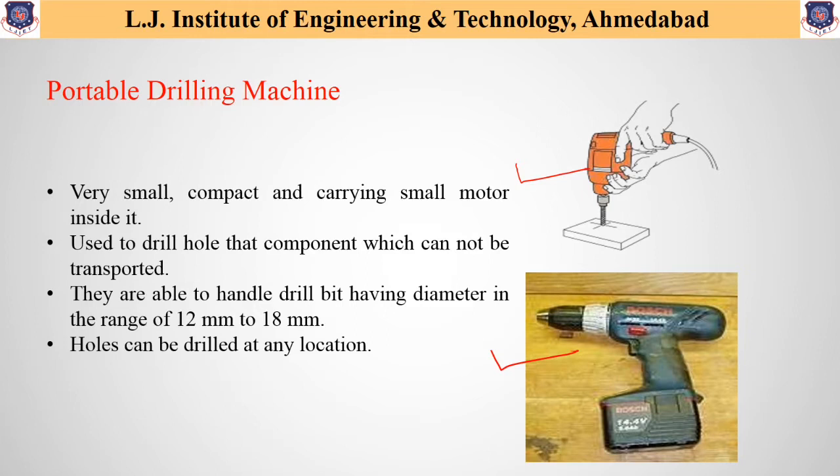In most cases, the motor uses either AC or DC supply. So this portable drilling machine is simply a drilling machine with which one can generate a hole of 12 mm to 18 mm at the desired location. So this is about the portable drilling machine.